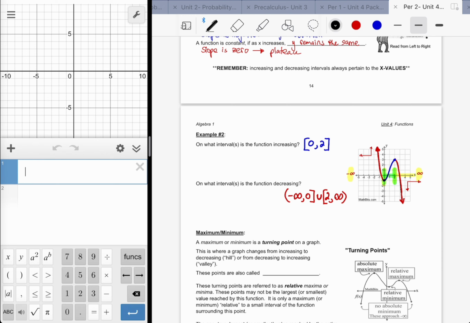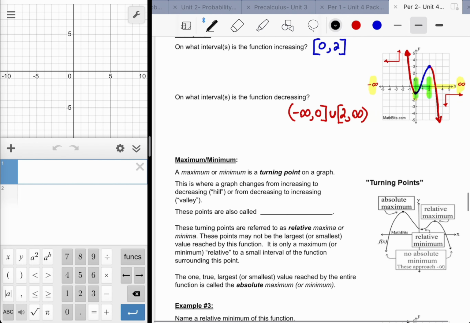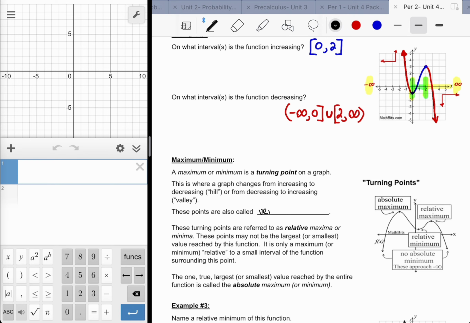All right, and we get into what are called, well, they call them maximum minimums, but there are other names for these things, and unfortunately there's a lot of names. So we have vertex or vertices, so vertices, and I'll say singular vertex, or extrema.